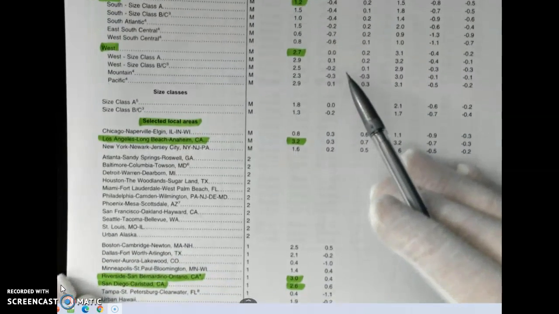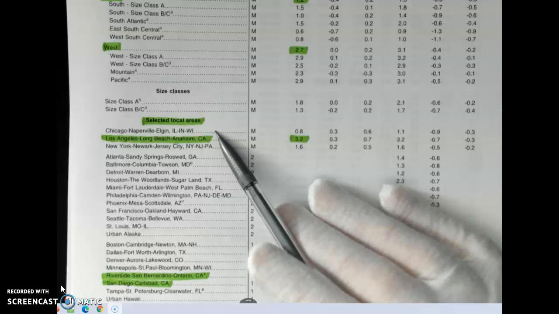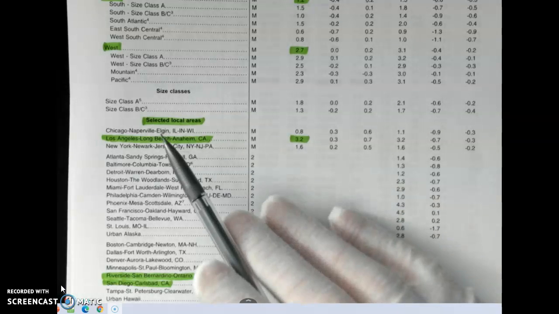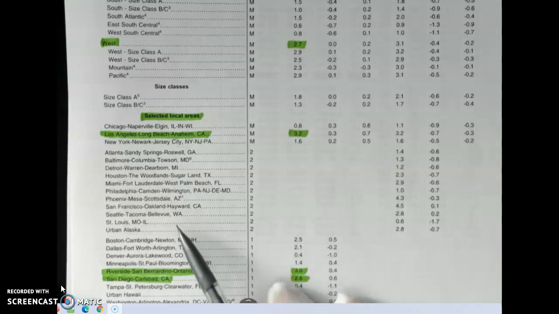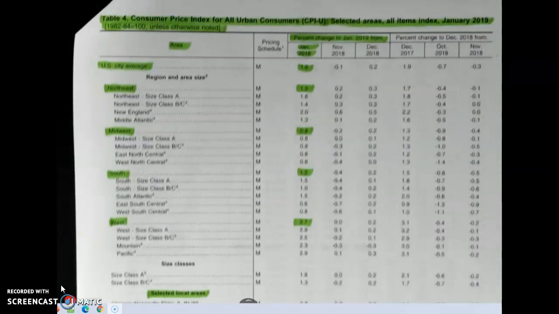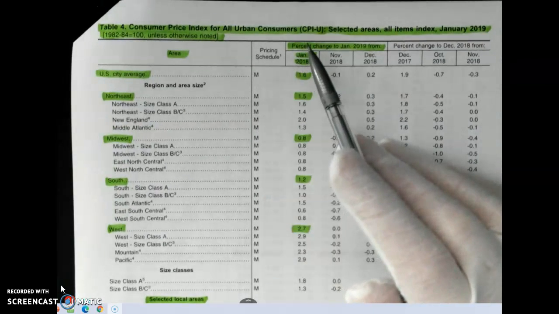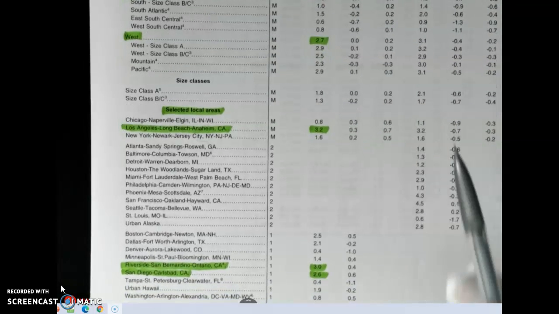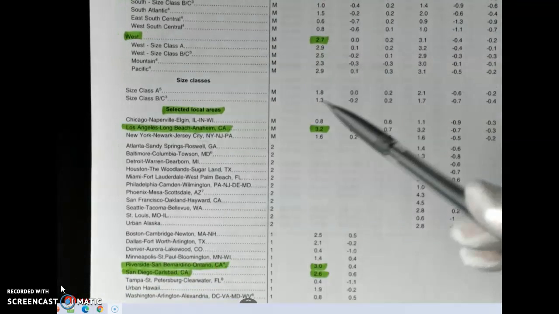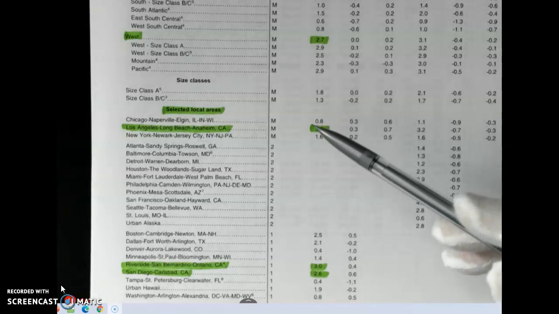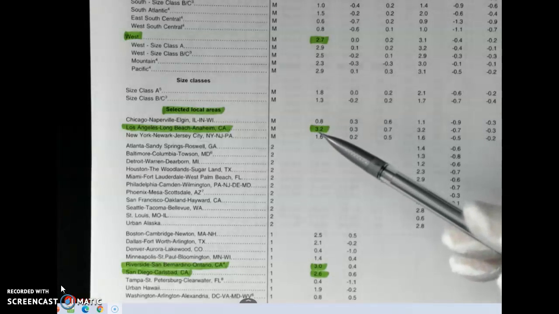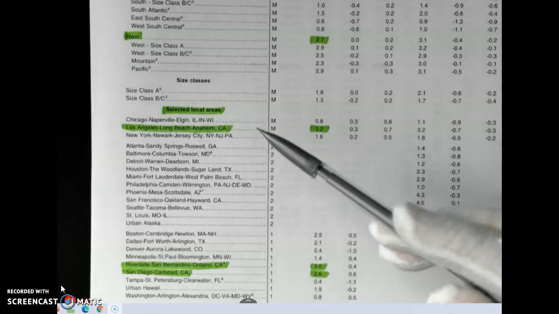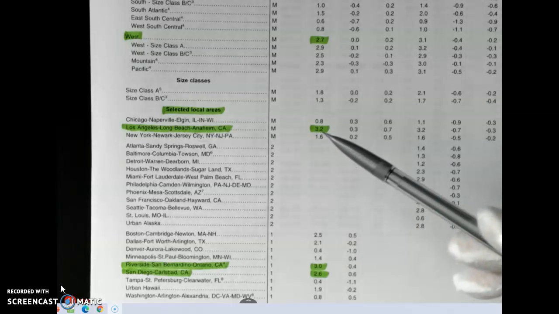All right, and then down here it talks about select local areas. You'll notice that we've got a lot of major metropolitan areas here. It's important to note that the CPI is an urban consumer index, which means it's not tracking the cost of living in non-urban areas. That is kind of illustrated here when you look at the major cities they're analyzing. Overall, you can see Los Angeles, Long Beach, Anaheim, that metropolitan area had 3.2% inflation.